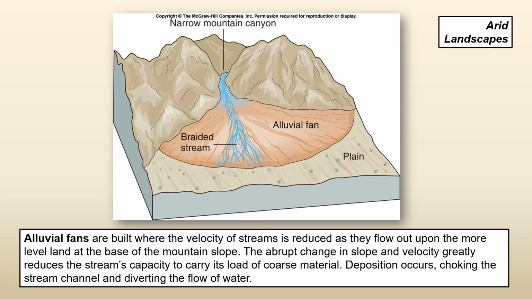Basically it's depositing it at the base of the slope, and they're fanning out, and so such features are called alluvial fans, built up by these silts and sediments that we call alluvium.